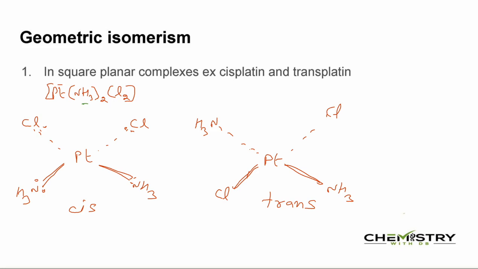So what happens is that if the two chloride ligands are on the same side, this gives rise to cis-platin, and if the two chloride ligands are on opposite sides, then this gives rise to trans-platin. So what we see here is that in square planar complexes also we can see geometric isomerism when a transition metal complex is involved.